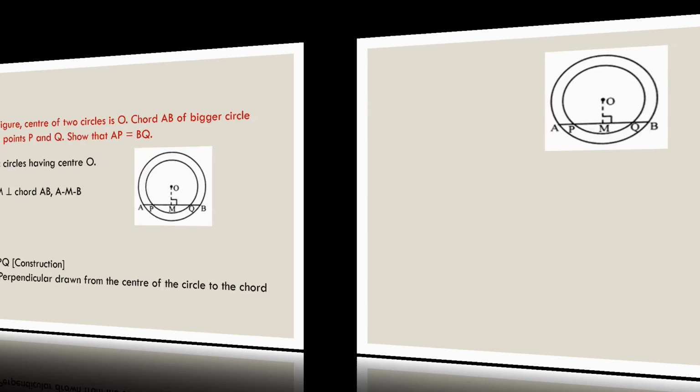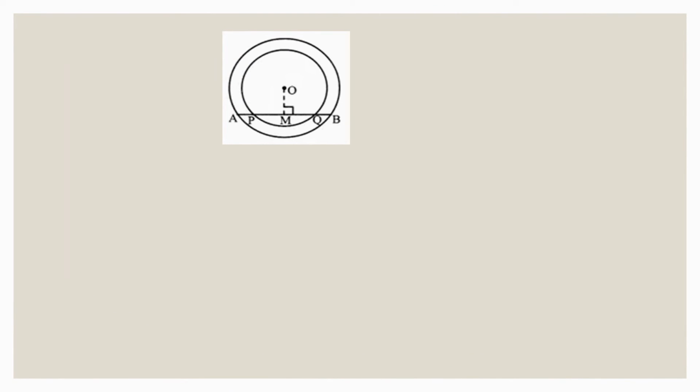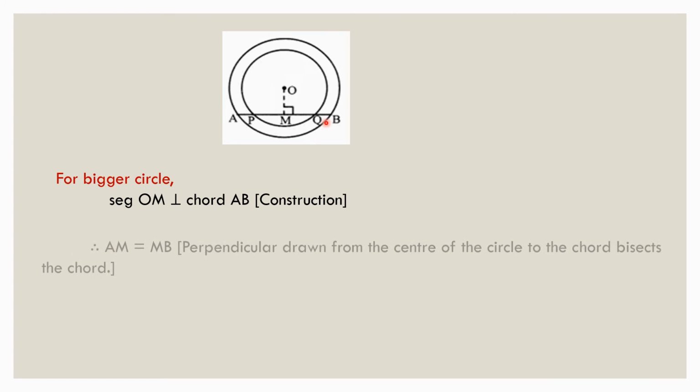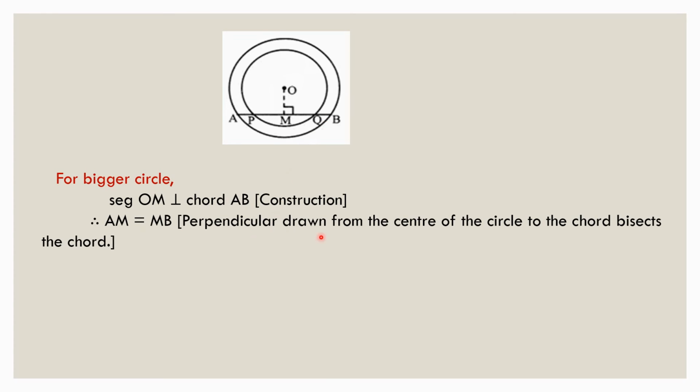And for the bigger circle, segment OM is perpendicular to chord AB, that is by construction, and by the properties of the chord, a perpendicular drawn from the center of the circle to the chord bisects the chord. Therefore, AM is equal to MB. And in this figure, AM is equal to AP plus PM and BM is equal to MQ plus QB.